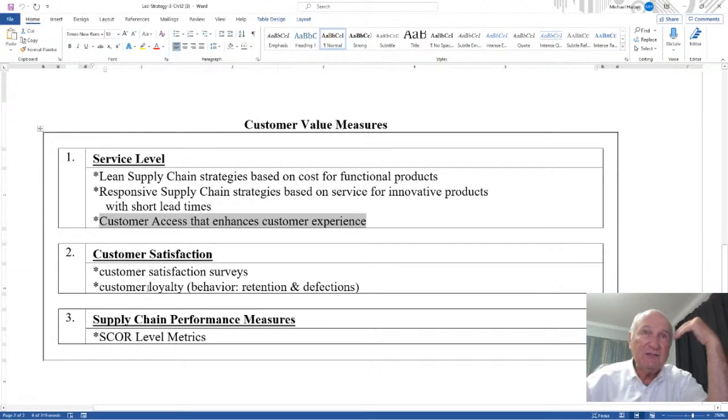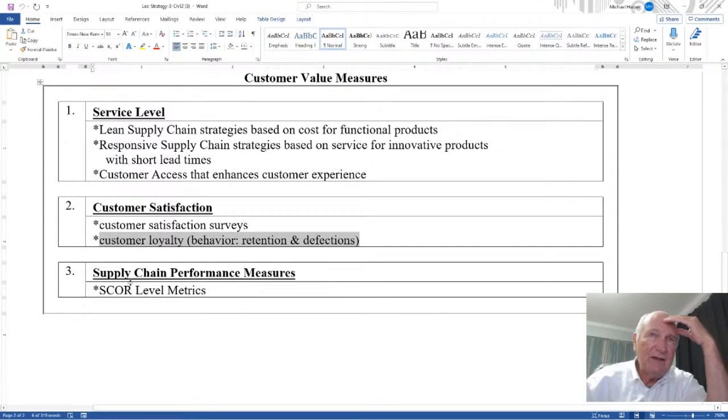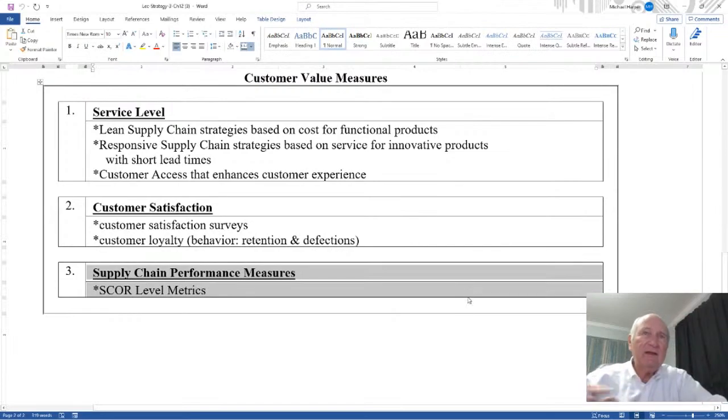Now, the satisfaction of the customer, you can measure with surveys or measure it with retention and defectives. And finally, here I'm introducing the SCOR model, the Supply Chain Operations Reference model. Here's where you have different levels of metrics, and we'll see this in the last half of the course. The SCOR model looks at different metrics, and we won't look at all of them.